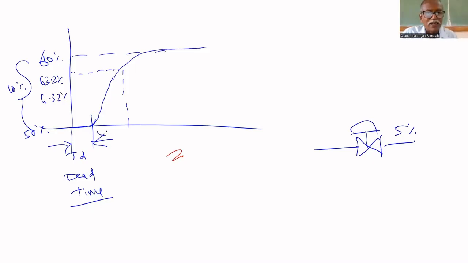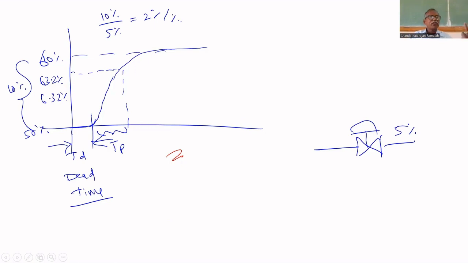What is the time taken to change by 6.32%? This part only is the Tp, not the total. After the dead time, what is the time taken to reach 63.2%? That is Tp. What is Kp? For the 10% change, how much did you give? Valve change, 5% opening. So 2% per percent is the valve opening gain.